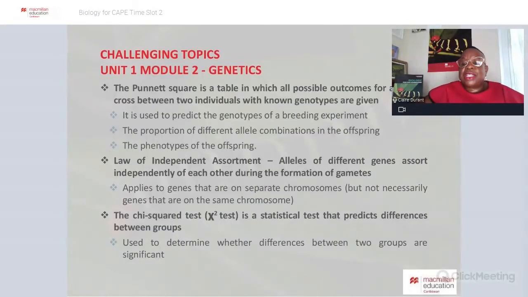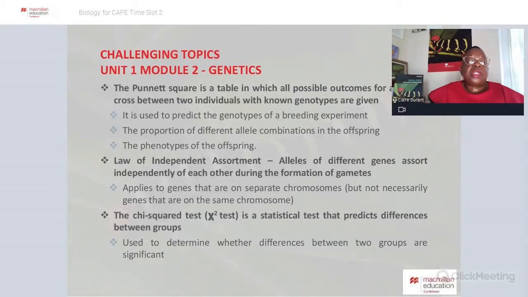So let's just go through some challenging topics. We'll look at genetics and reproduction, and also immunology and vaccination. So we know the Punnett square is a table which is used a lot in genetics.